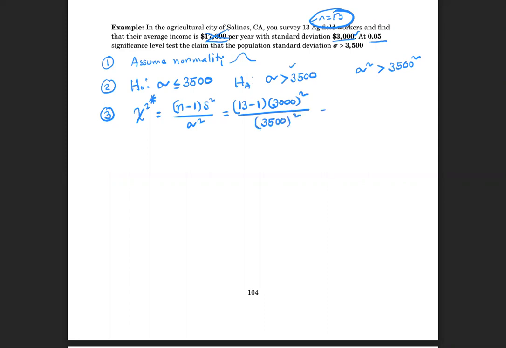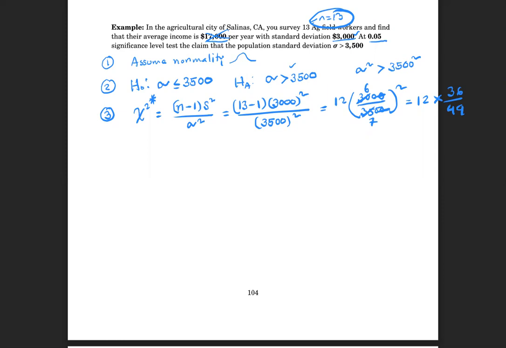I could simplify it a little bit. 13 minus 1 is 12, and I could write 3,000 over 3,500 square. These two zeros cancel out. 5 goes into 30 6 times, 5 goes into 35 7 times. So this in essence becomes 12 times 6 square is 36 over 7 square is 49. So if I simplify it, what do I get? 12 times 36 divided by 49, which is 8.816.